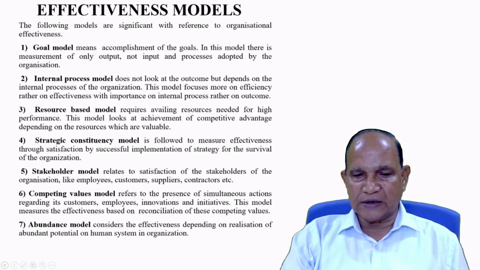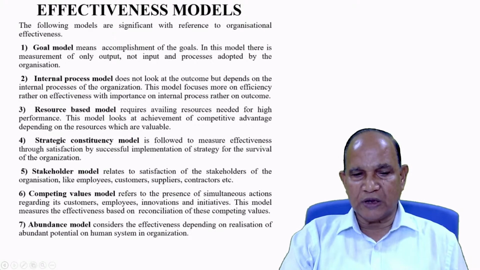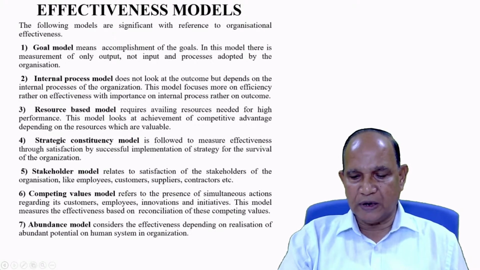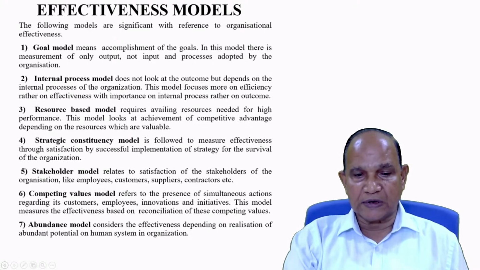So in the organization, in order to have effectiveness, if we realize that there is abundant, sufficient potential of the human beings working in the organization as employees, automatically we can achieve the purpose. That's why this abundance model is given importance for the effectiveness of the organization.